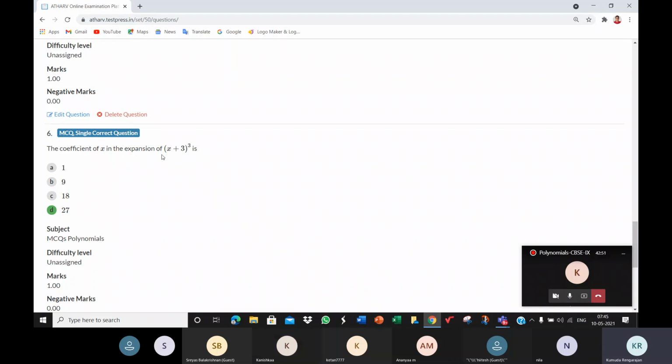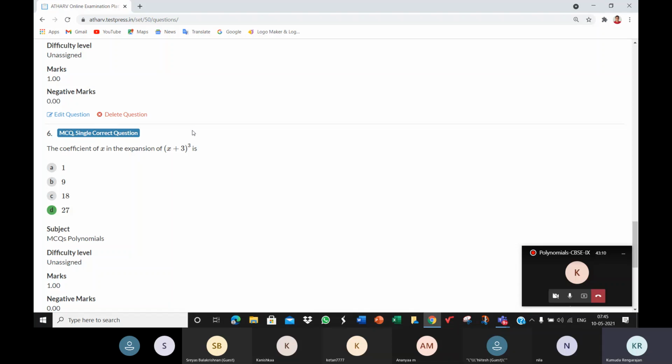So we need to expand this using the identity, and once you expand, see the coefficient of x in the expansion of x plus 3 the whole cubed. So this is like a plus b the whole cubed.